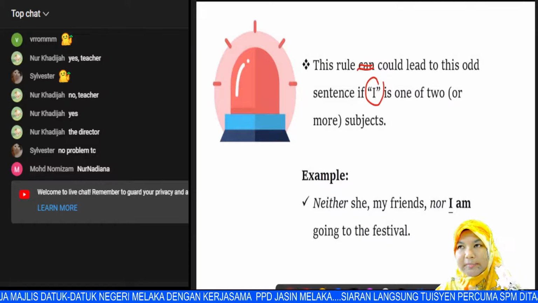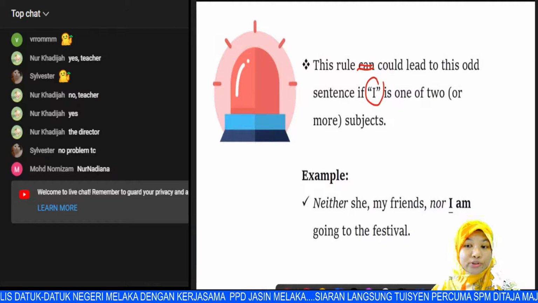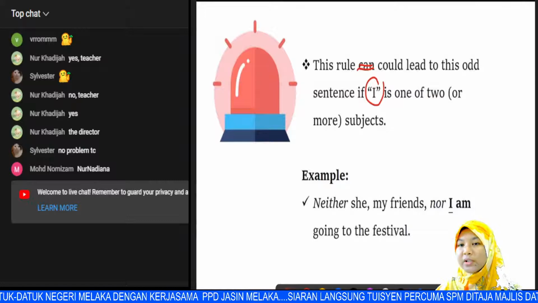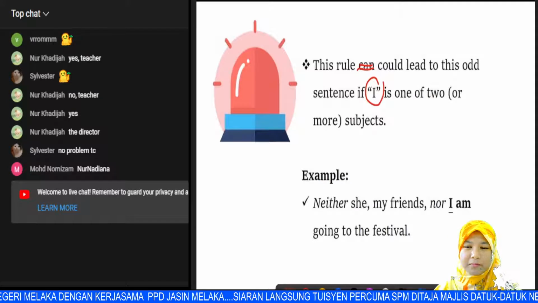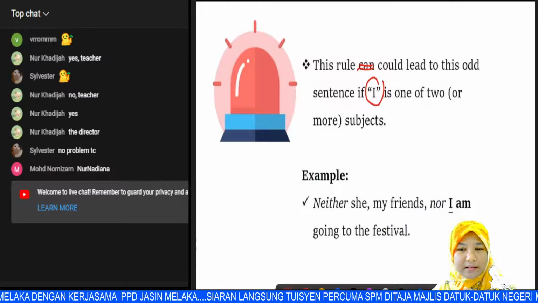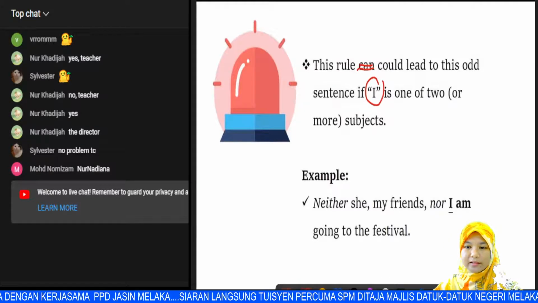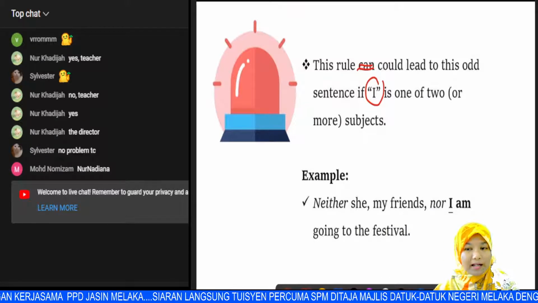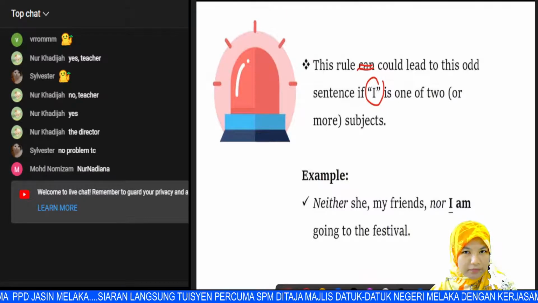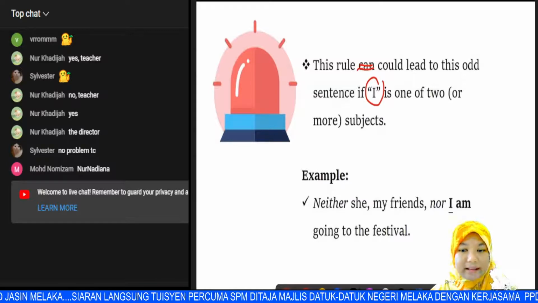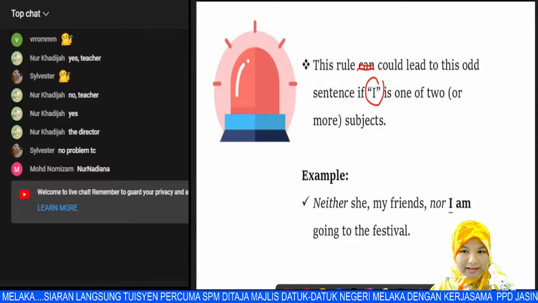Just now it stated that the verb refers to the noun closest to it. However, when there is more than one subject in a sentence and one of them is I, it will create some kind of odd, awkward sentence.